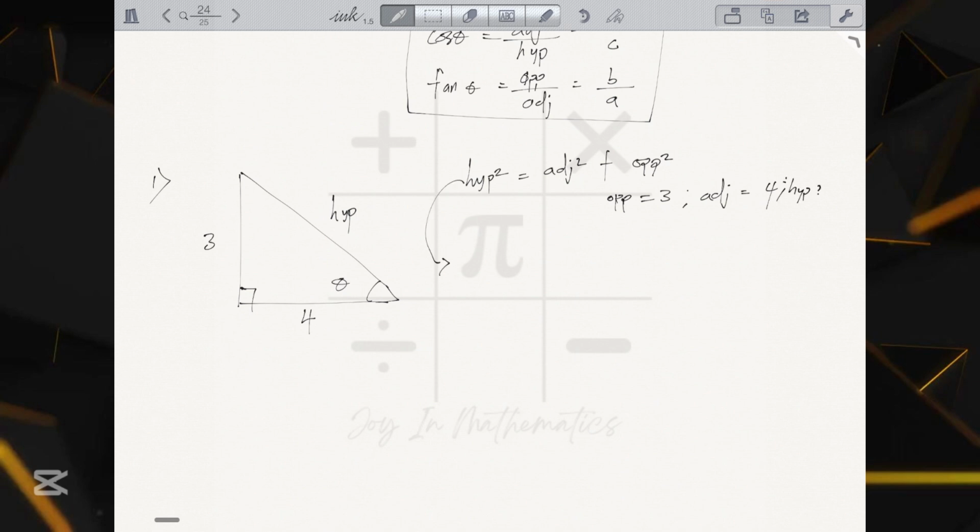So applying this, hypotenuse squared is equal to 4 squared plus 3 squared. Therefore, hypotenuse squared is equal to 16 plus 9, which is 25. So the hypotenuse, which will be the square root of 25, will be equal to 5.